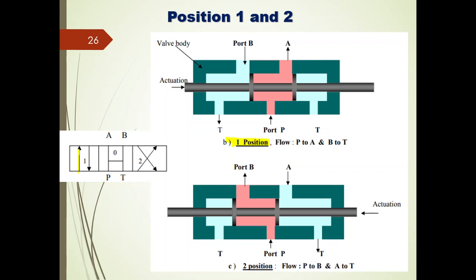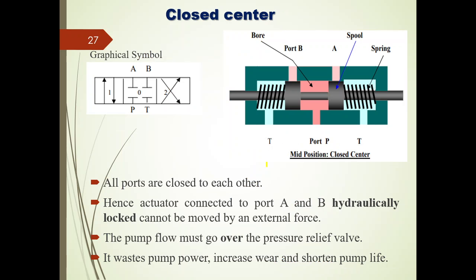In the first position the P is connected to A and B is connected to T, right? That means the pump flow will be supplied to A, and from system port B the fluid flow will be taking place from B to T. Similarly in the second position, the pump port will be connected to system port B, and the system port A is connected to tank port, right?